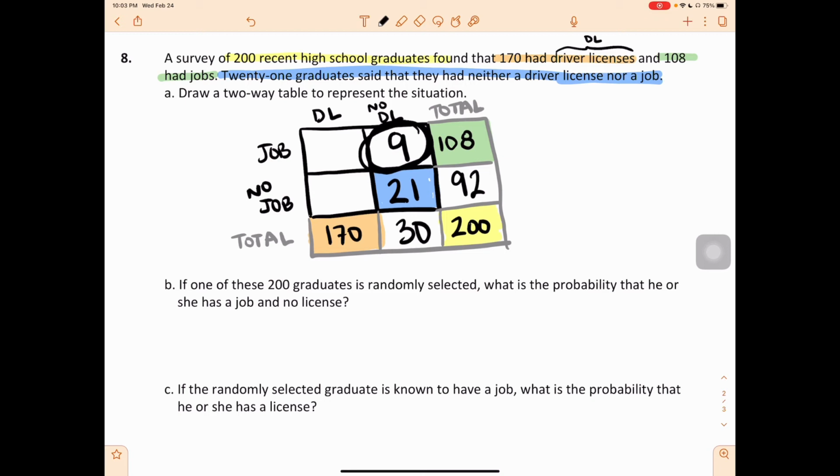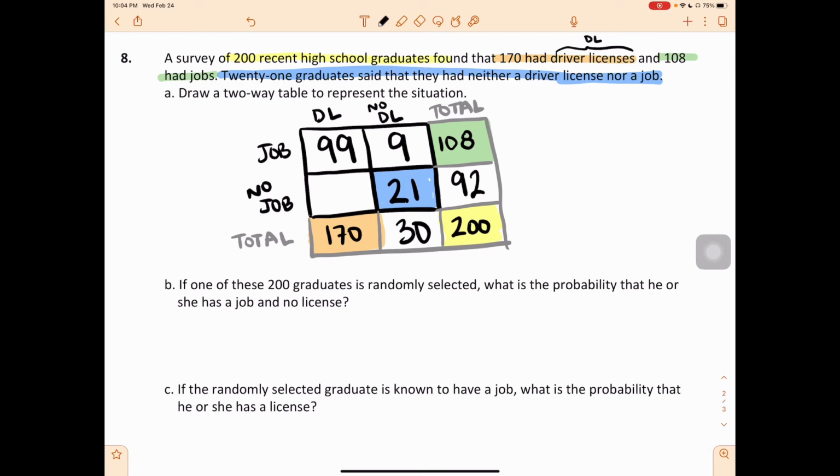So they either ride their bike, they get dropped off, or they have to take a bus. Those are the kids in this box. Kids, I guess they're technically adults now, right? Because they're high school graduates. But 108 minus 9 is going to be 99. So if 108 total kids have a job and 9 of them don't have a driver's license, how many of them do have a driver's license?